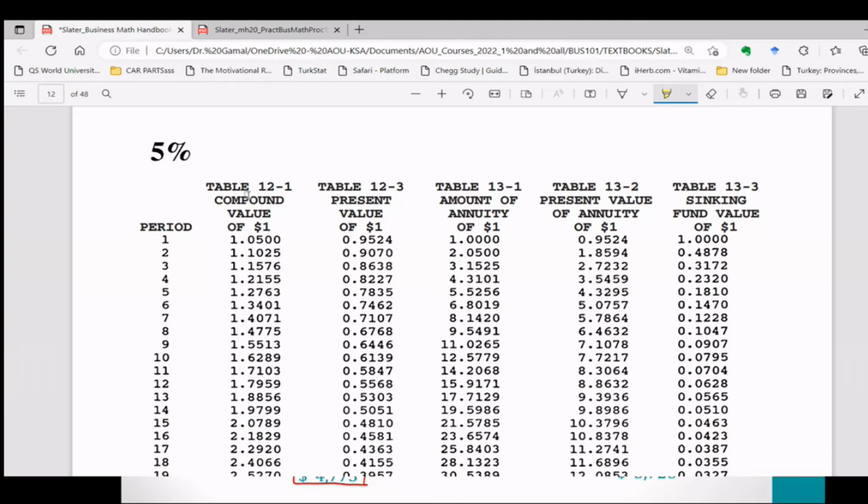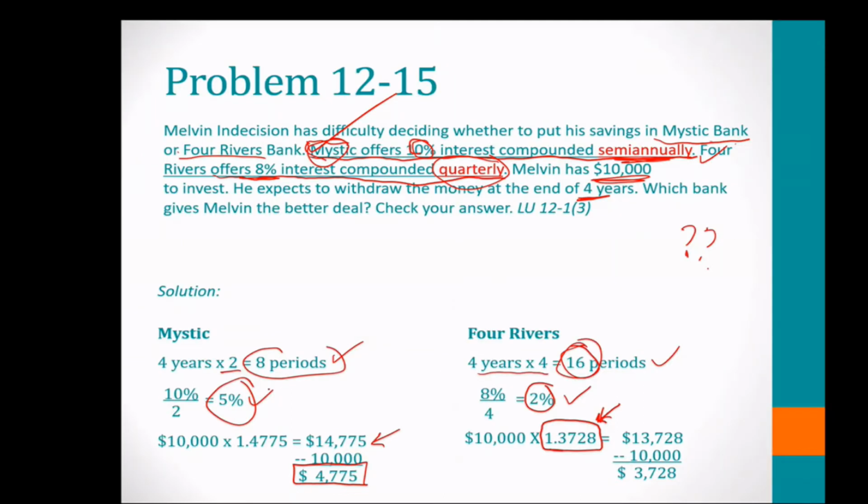The factor is 1.4775. Very simple. Did anybody not understand? Any questions? This is all about compound interest so far. So he will go to Mystic. Mystic gives 4,775. The other bank gives 3,700. So you'll go to this bank.